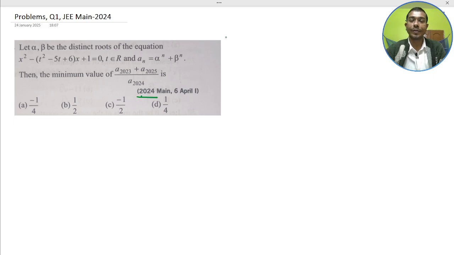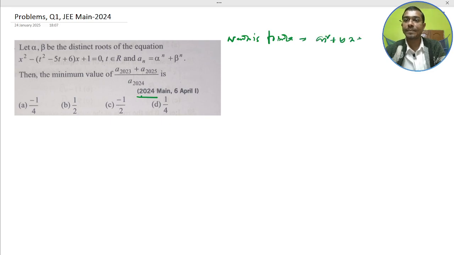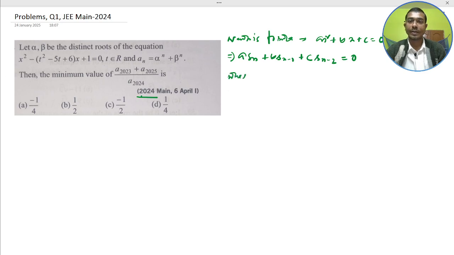Newton's formula in a quadratic equation says that if x^2 + bx + c = 0 has roots alpha and beta, then a s n + b s(n-1) + c s(n-2) = 0, where s n = alpha^n + beta^n, n belongs to the natural numbers N. This is Newton's formula. So we just apply this formula here.